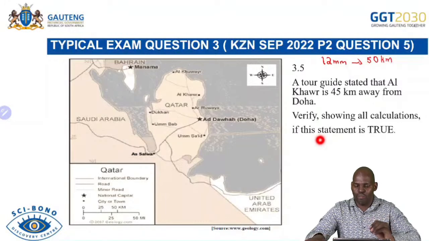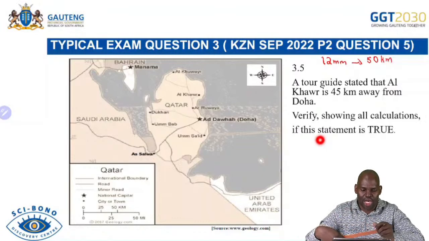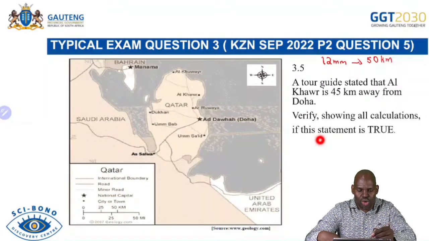Okay, now we need to measure the distance between the two places, Al Khor and Doha, using a ruler. So if I take a ruler, I'll look for the places. Doha is this one, the star, and this is Al Khor.